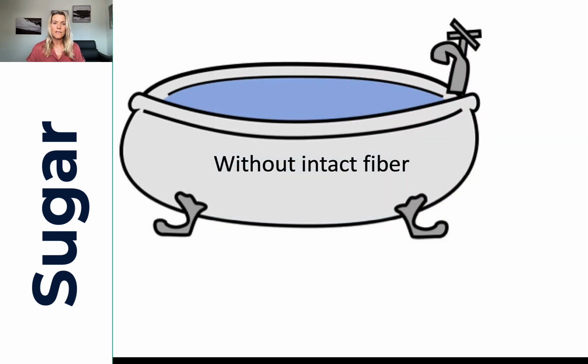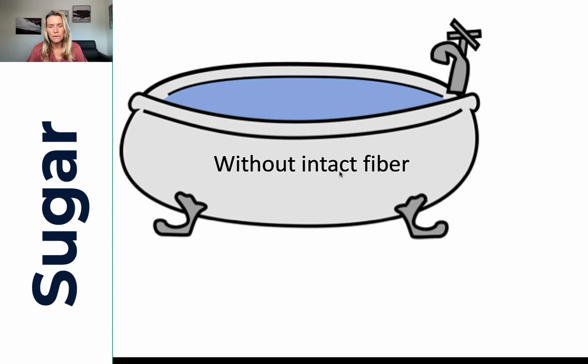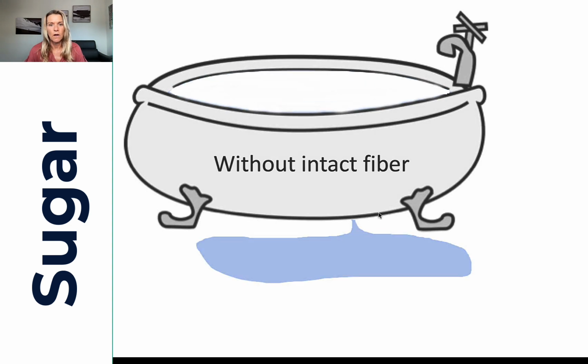Okay, so if we don't have the intact fiber, this is kind of my analogy. You go from the full bathtub and you have this drain, and that little drain there is like your fiber. But if you take that out, you take it apart, it's essentially just going to drain right away. So if you don't have the intact fiber, it's done, it's gone.